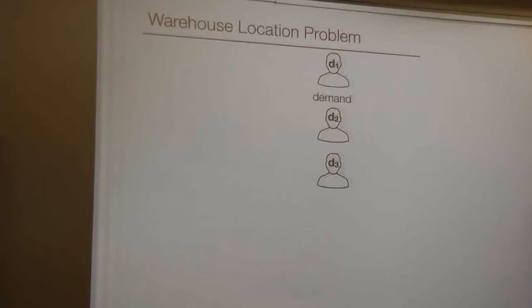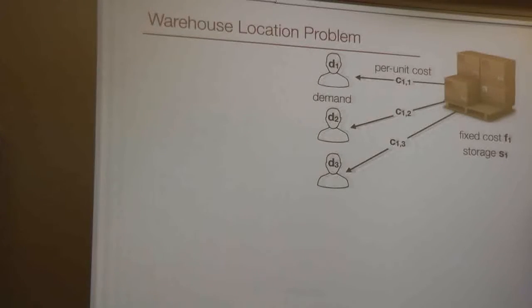We have a set of customers that we have to serve. Each customer requires d_i amount of products that we ship to him. Okay, so that's the demand that we have to satisfy. And we can satisfy this demand by opening a warehouse which contains the products, which are then shipped to individual customers.